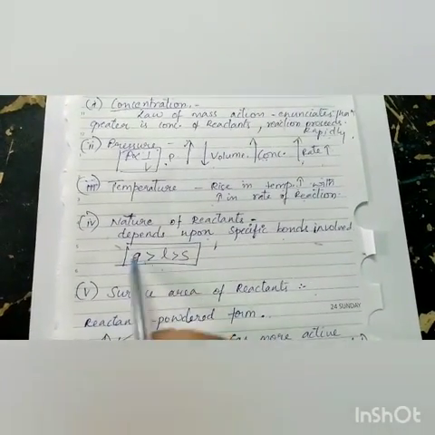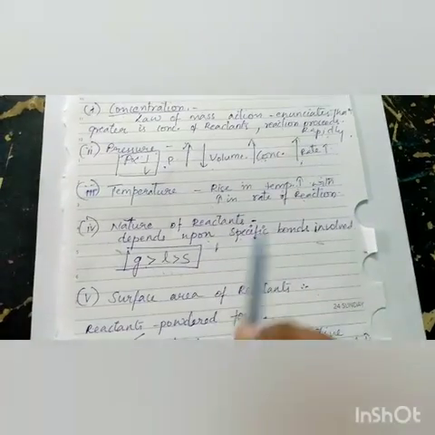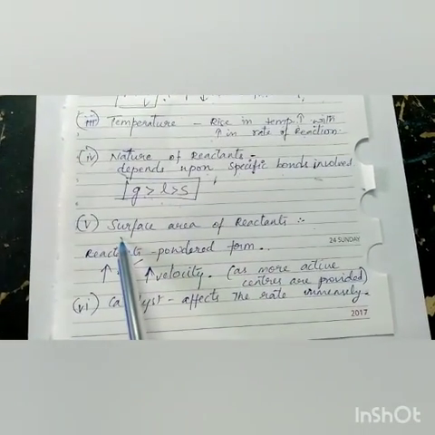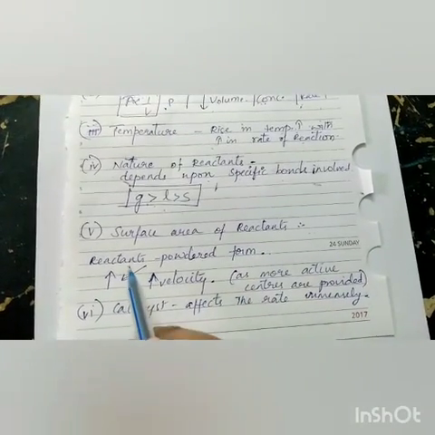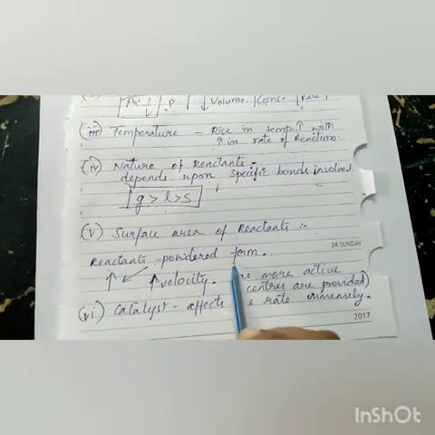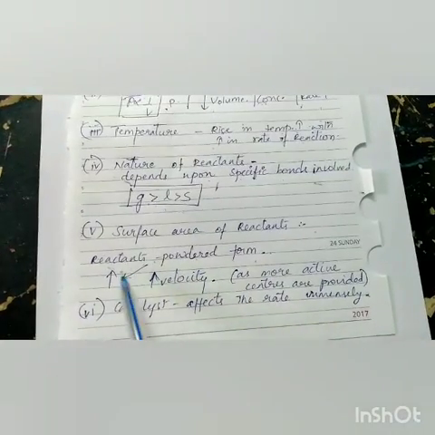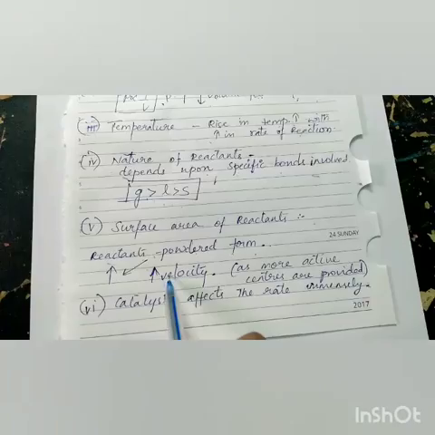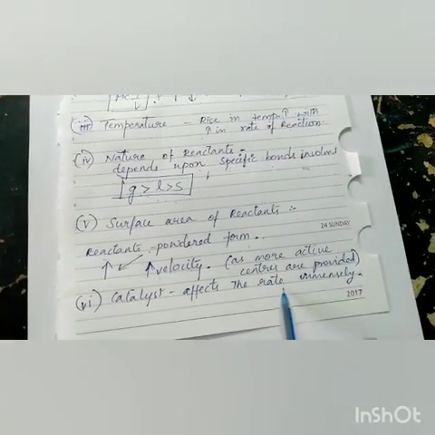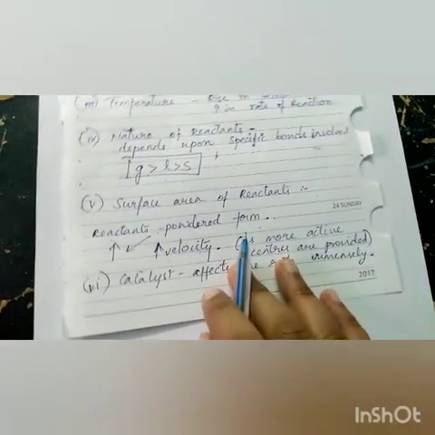Next one is the surface area of reactants. When the reactants are in the powdered form, the velocity increases as more active centers are provided. And the last is catalyst. It affects the rate immensely.